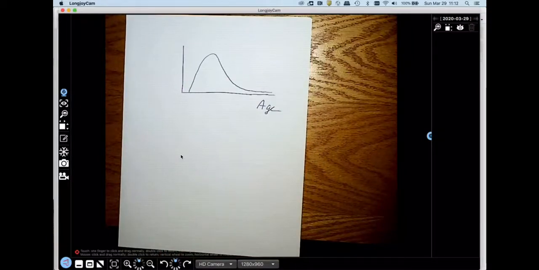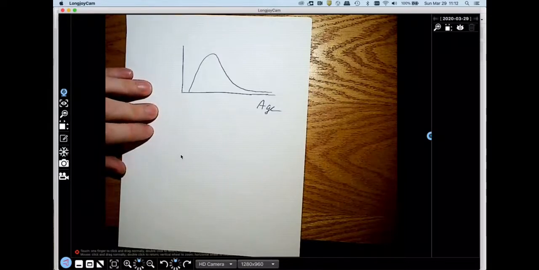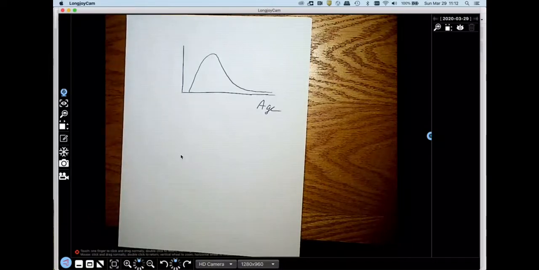Now we're going to define specific numerical measures to capture specific traits of this distribution. So one of those traits is going to be where is the middle of this thing? So we call these measures of central tendency. And so another way to think about this is what's a typical age?